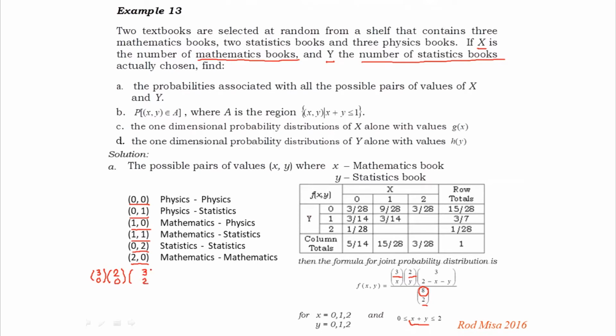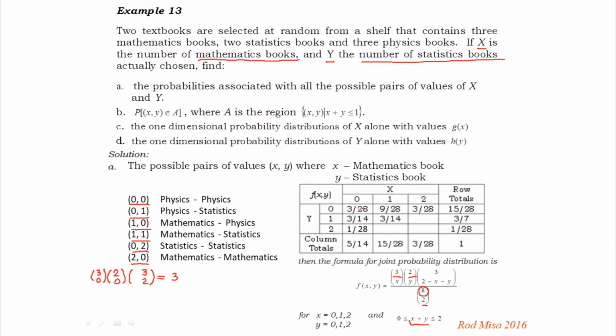So this is multiplied by the combination of 3 taken 2 at a time. And solving for this, 3 taken 0 is 1, times 2 taken 0 is 1. So 1 times 1 is 1, and then multiplied by the combination of 3 taken 2, which is 3. So 1 times 3 is equal to 3 here.